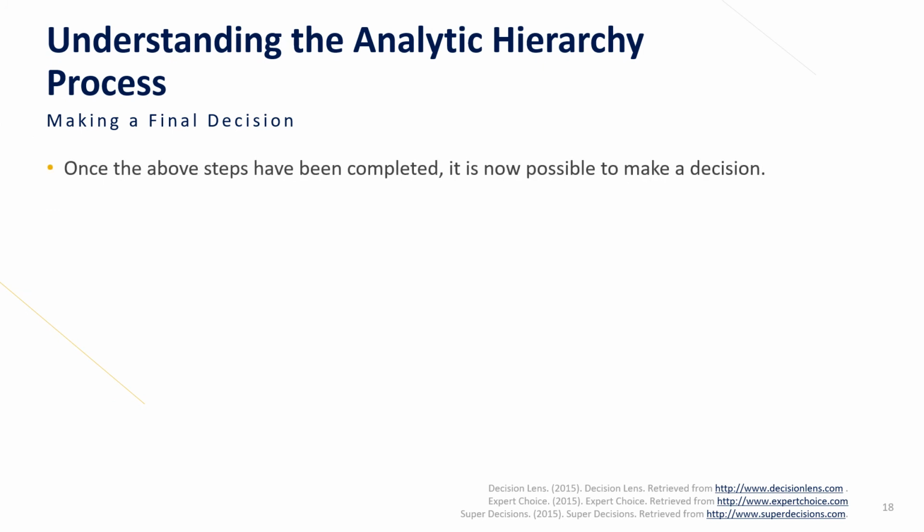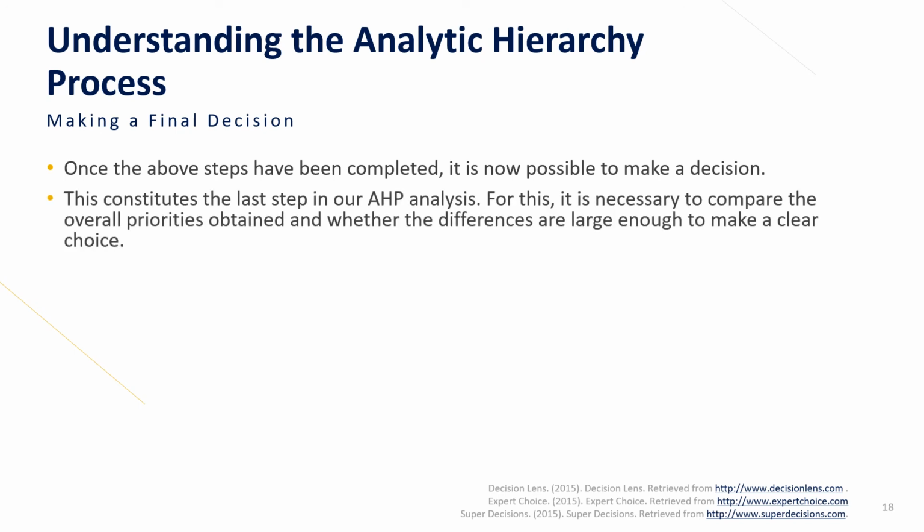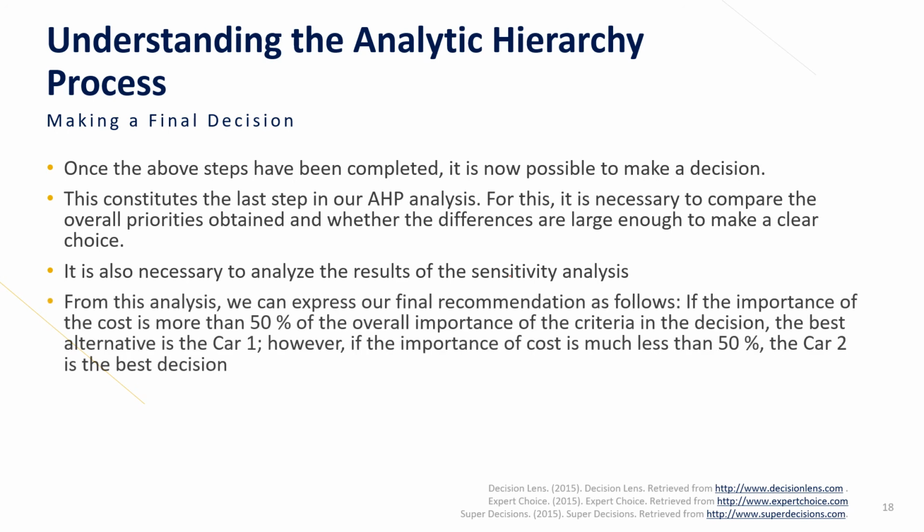Okay, next is making the final decision. Once all of those previous steps have been completed, it is now possible to make decisions. This constitutes the last step in AHP analysis. For this, it is necessary to compare the overall priorities obtained and whether the differences are large enough to make your choice clear. And it is also necessary to analyze the result of the sensitivity analysis.